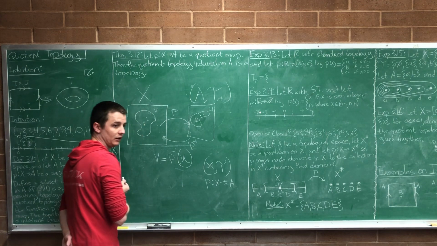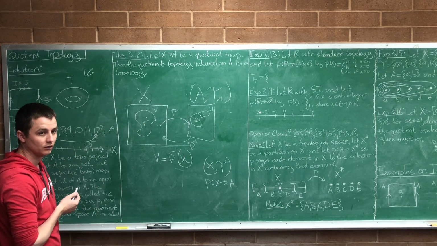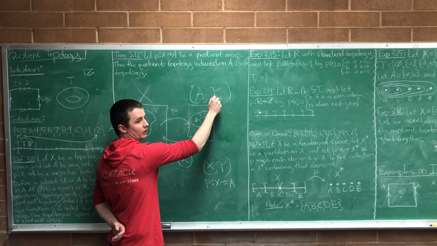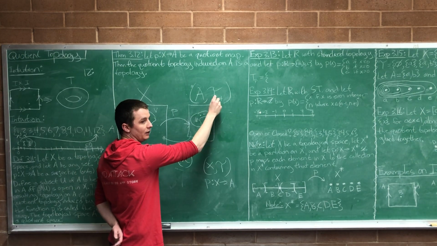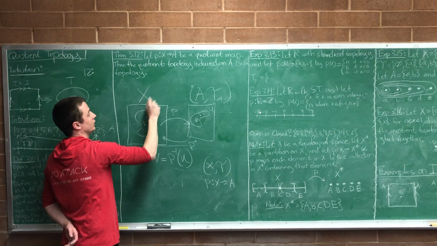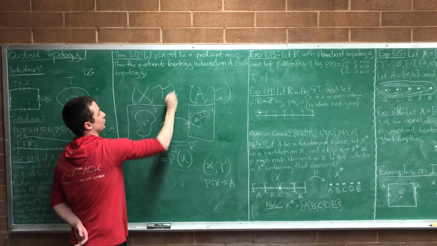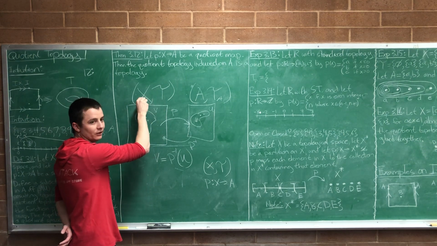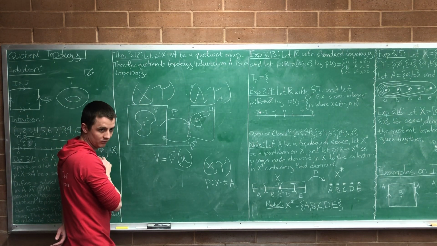You see how I'm defining that? Yeah. So U is in the topology on A if and only if, looking over here at X with tau, V was in tau. What's tau on X? It's a collection of open sets on X.